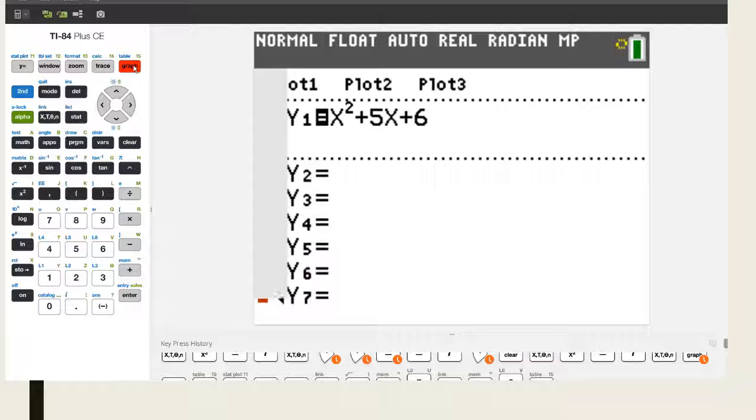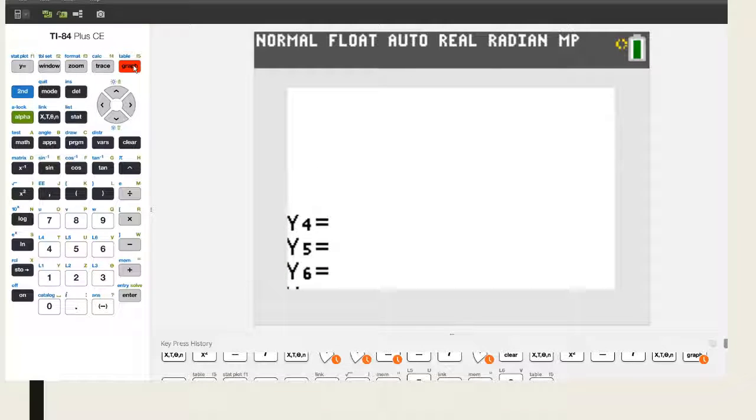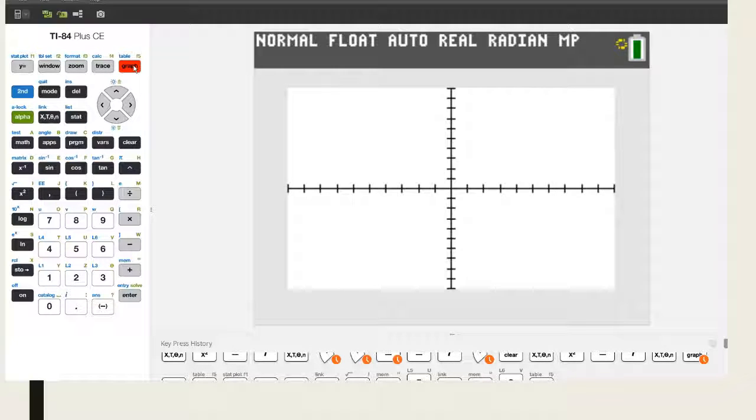The parabola should cross the x-axis in two places, at -3 and -2, and hopefully this is what we will see. We have two x-intercepts, -2 and -3. Perfect, that means our work is correct.